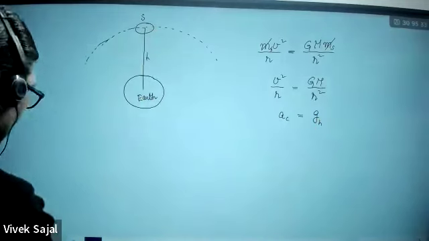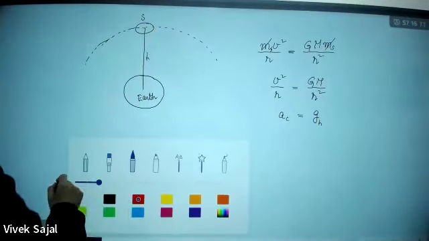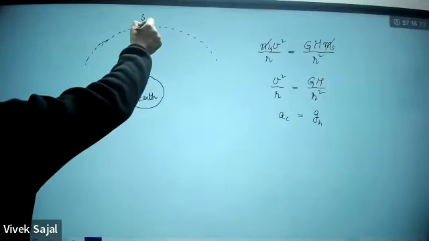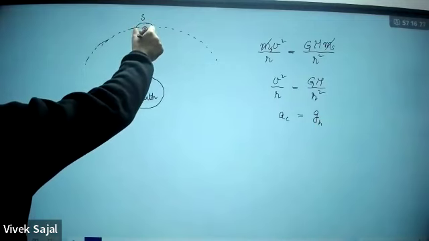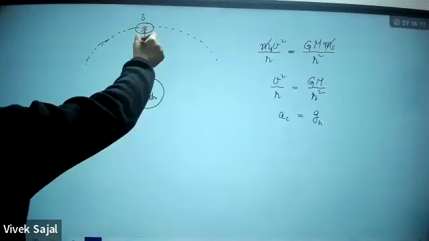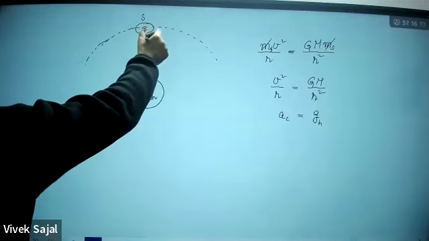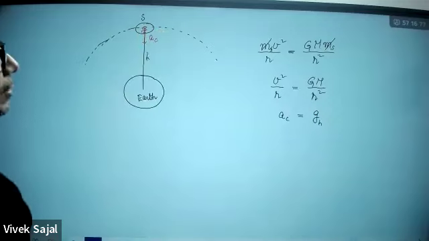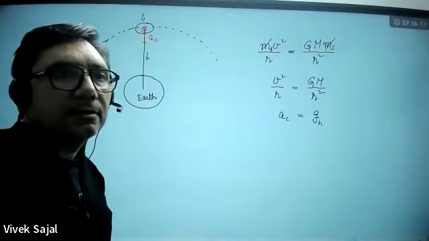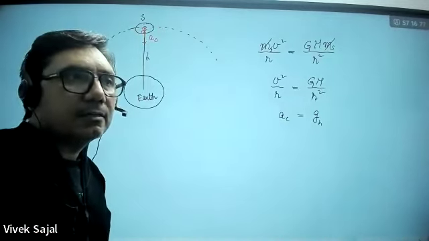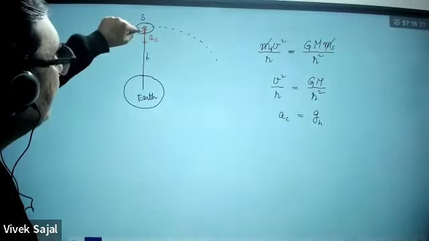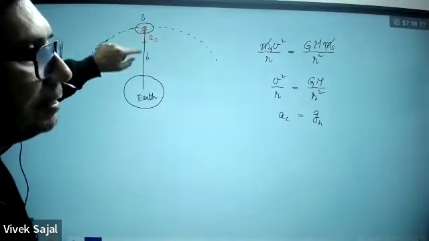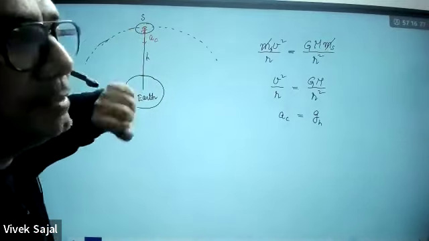So try to understand, if a person is inside this satellite, it is having an acceleration AC towards the center of the Earth. So this is one thing. Second, the person in this satellite is attracted by the Earth by the same g.